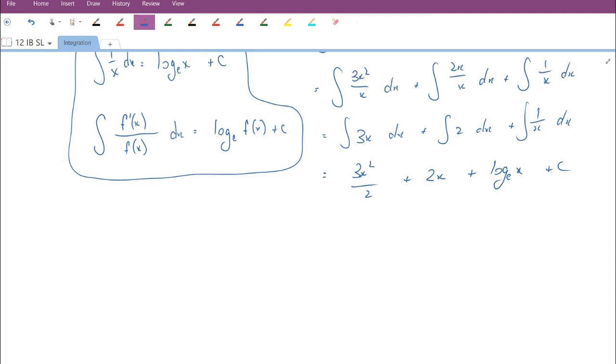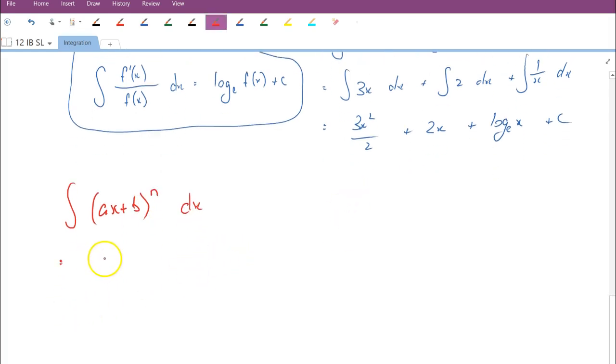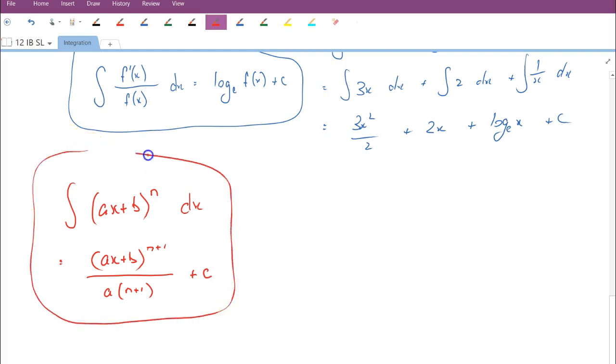Just one more example. I'm going to show you another nice little result. If I've got a linear expression raised to a power, then the integral will be, right, we take that linear expression, we raise its power by 1, so far so good, divide by the new power, but multiply by the derivative of the bracketed term. This is very similar to that chain rule that we learnt with differentiation, if you remember.